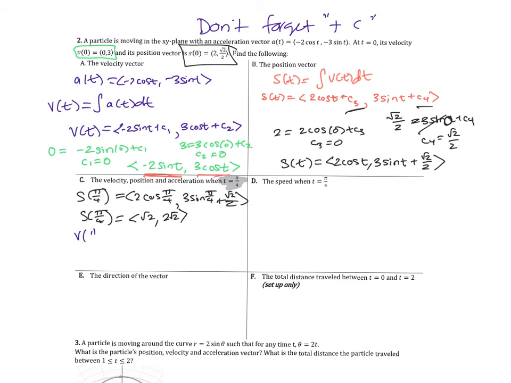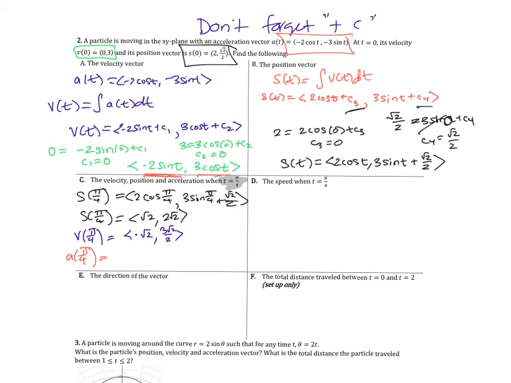The velocity vector evaluated at pi over 4. I'm going to skip the substitution step. -2 sine of pi over 4 is going to be negative root 2. And 3 cosine of pi over 4 is going to be 3 root 2 over 2. So there's my velocity vector. And last but not least, acceleration at pi over 4.